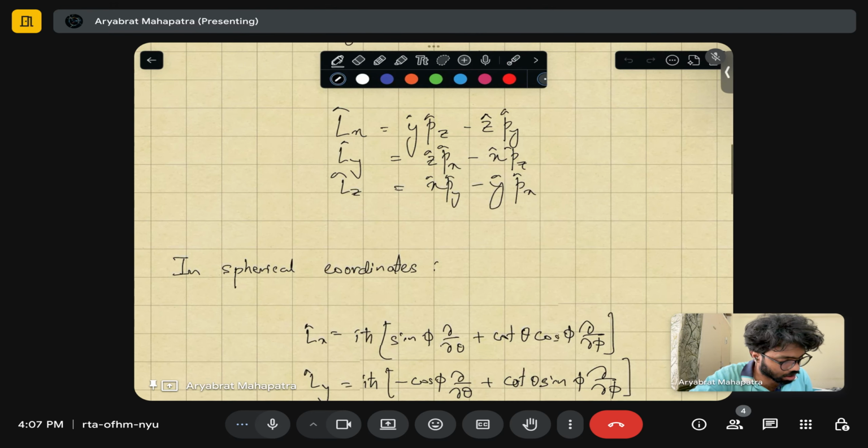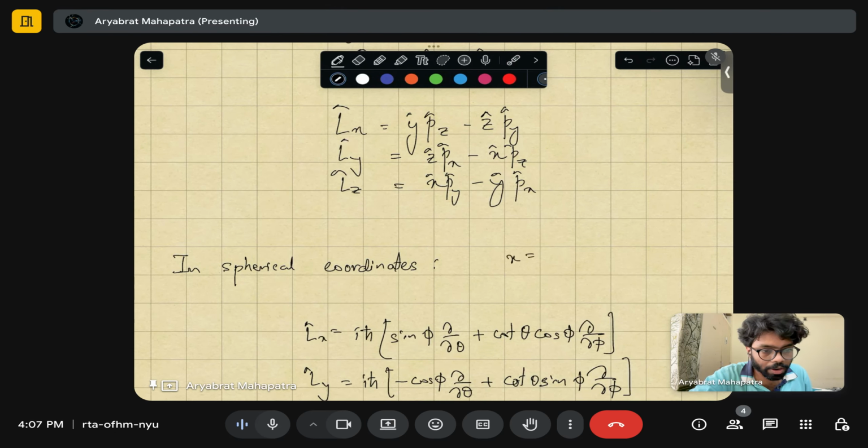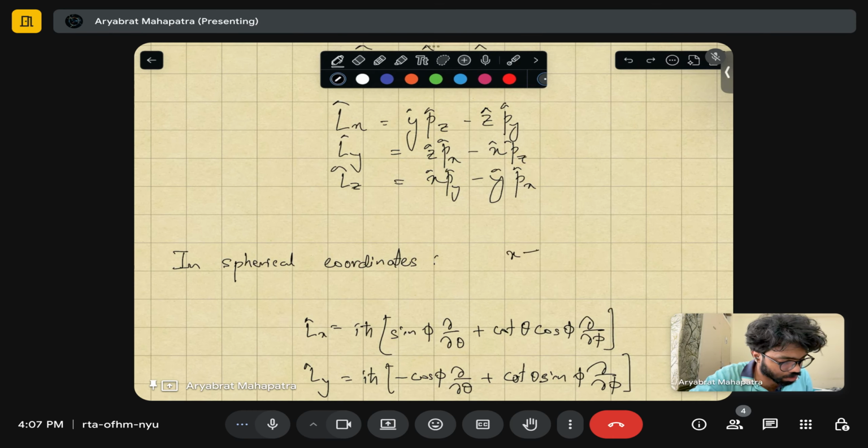In spherical polar coordinates, x transforms to r sin theta cos phi, y to r sin theta sin phi, and z to r cos theta.